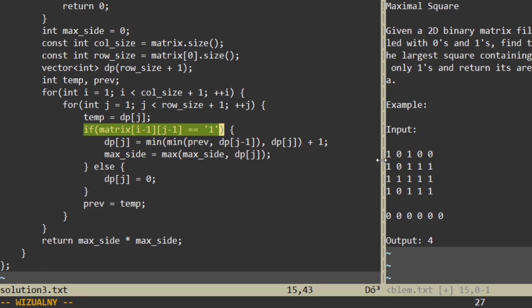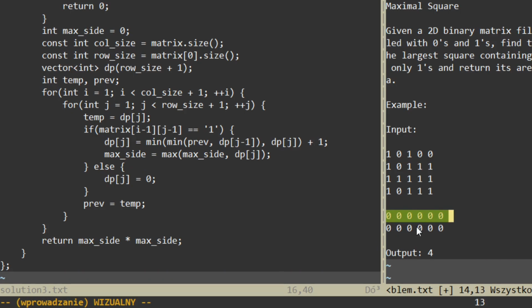but if here, for example, we're starting from 1, the same like previous one, here will be 1, then we take a minimum of. This is virtual, we don't have it.